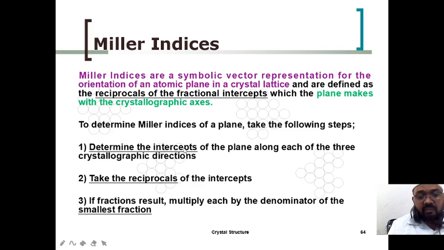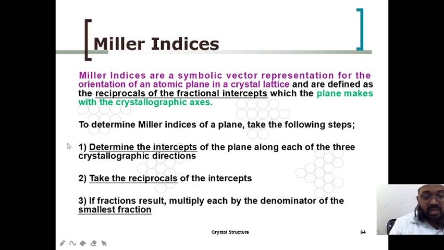So how can I determine these Miller indices? They can be determined very simply. First, you have to determine the intercepts of the plane along each of the 3 crystallographic directions.